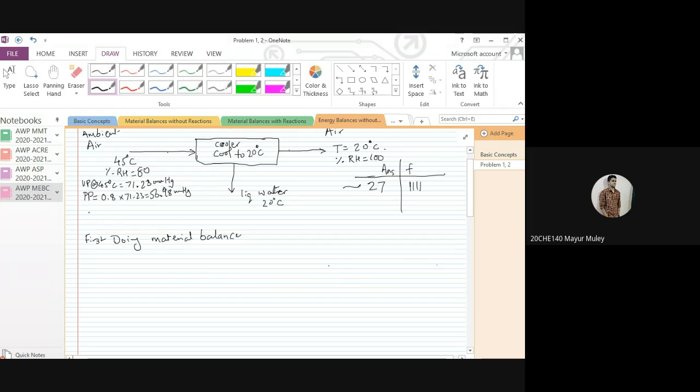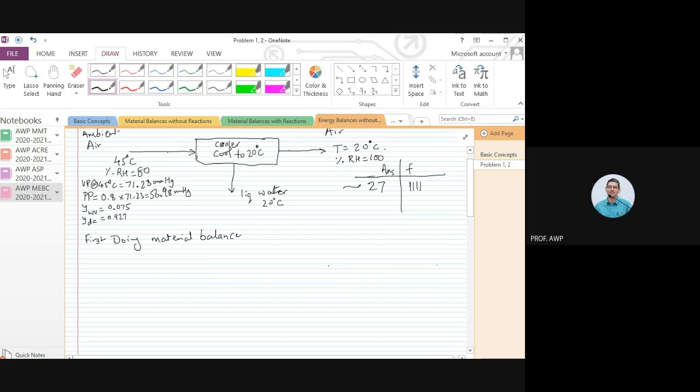Then I calculated the mole fraction of water vapor, which came out to be 0.075. So the mole fraction of dry air is 0.925, just subtracting from 1.